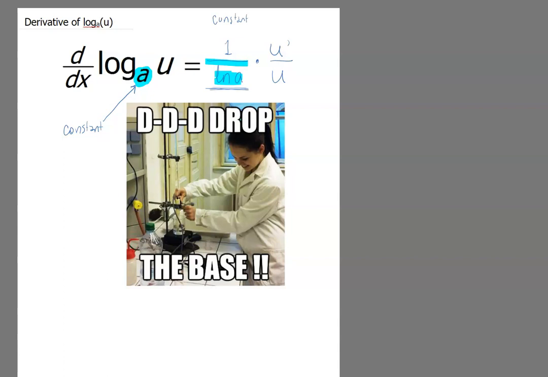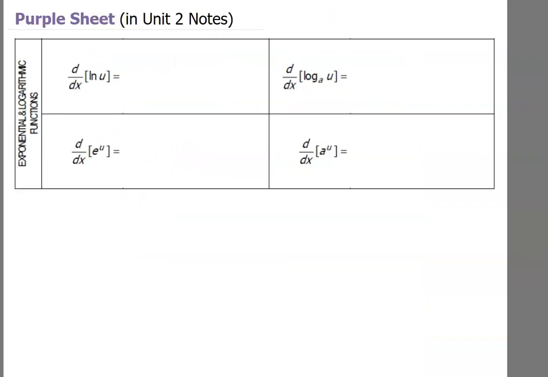And so really that's it. The homework helps you practice some of those, but it just comes down to 4 big things that we saw today. So on your purple sheet, it's back in your Unit 2 notes. I think it's the first part of the Unit 2 notes. And so I would write the notes here and then compile them in that Unit 2 section a little bit later.